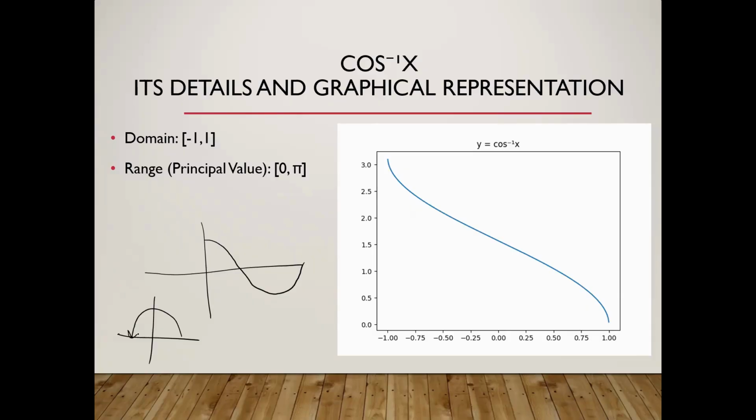If you've understood the last video very well, the trigonometric functions domain and range, you'll be able to understand the reason why the range of the function is 0 to pi. Basically, at cos closed interval 0 up to pi, this is 0, and here pi, your function is giving you a unique image, right? The function is 1, 1.